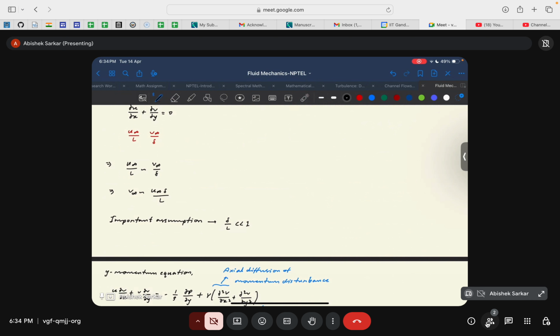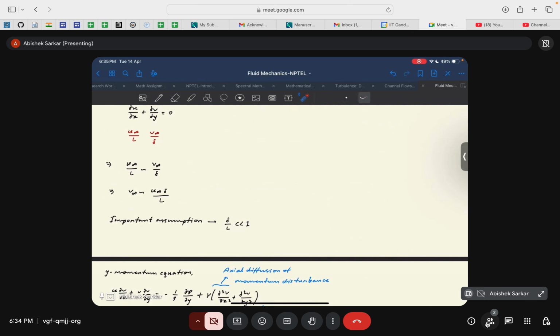And if we impose this condition, I think by now you already know that the thickness of the boundary layer is much lesser than the length of the plate, so delta by L is much lesser than 1. It would imply that your velocity variation along the y direction should be much lesser than the velocity variation along the x direction.